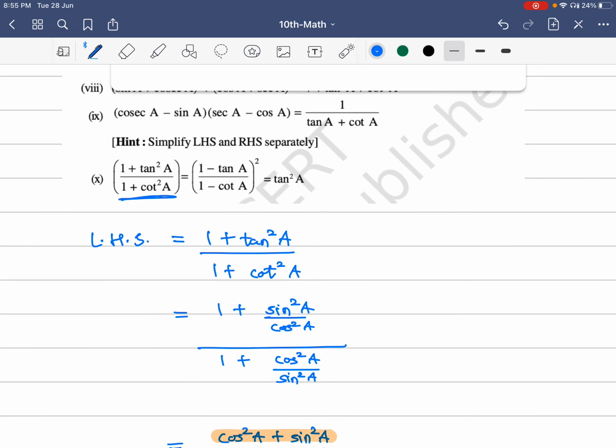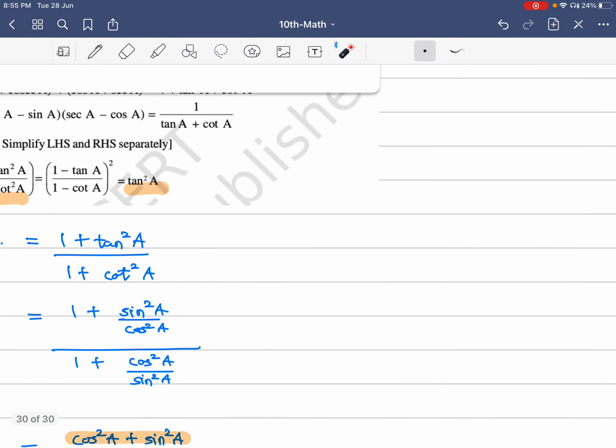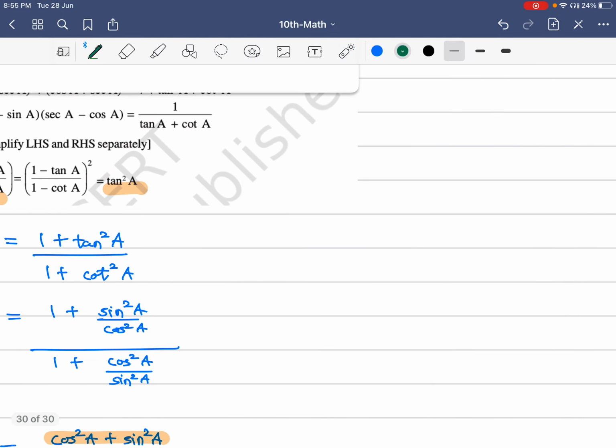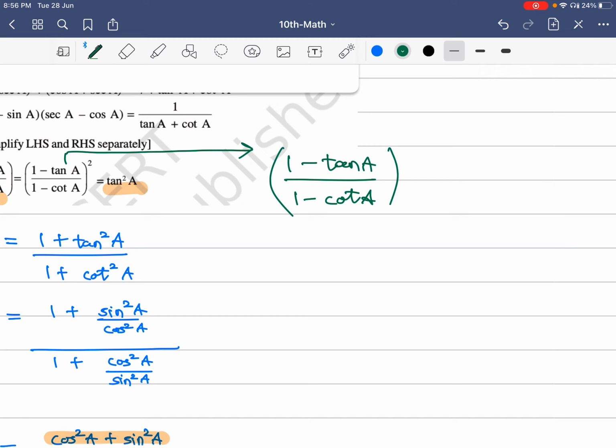So this expression, let me use a highlighter here. We have proved that this expression is equal to tan square A. So that is done. Now let's focus on this expression. Let's come to this side. I'm going to just mark an arrow here. So ((1 minus tan A) divided by (1 minus cot A)) and there is this whole square.